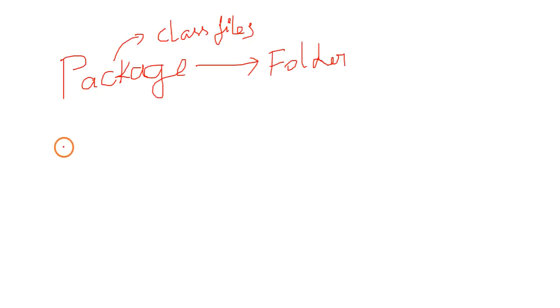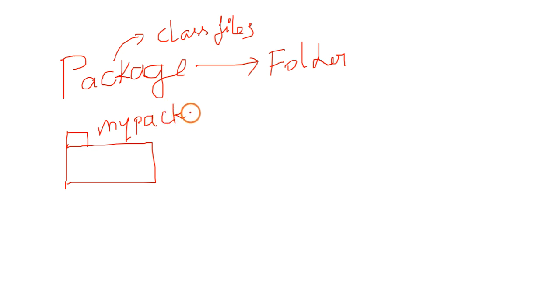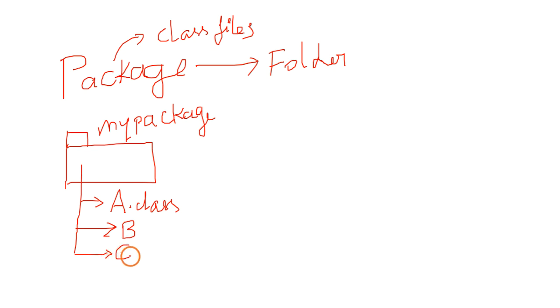So whenever that line is executed, your JVM is going to create a folder which is called mypackage. Okay. So inside this folder, we will place some files, Java classes, like for example, A dot class. Okay, class B. So this is B dot class file, and another one is, let's say, C dot class.